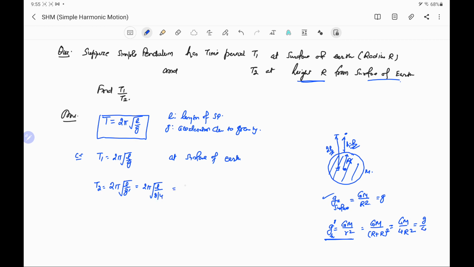So it is equal to 2 into 2 pi root L by g. And now the ratio will be 2 pi root L by g divided by 2 into 2 pi root L by g. And this 2 pi root L by g gets cancelled. So the ratio will be 1:2. This is the answer.